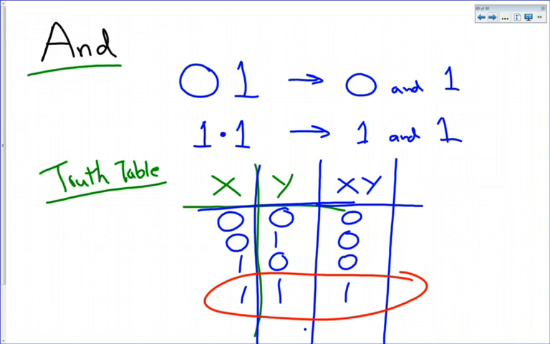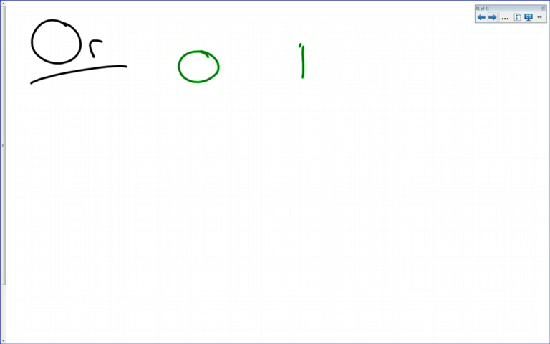Okay, let's move to the next thing. The next thing we want to learn about is OR. Similarly, we can combine two things, 0, 1, 1, 1, or x and y if we don't know what they are. Now in regular math we have symbols.